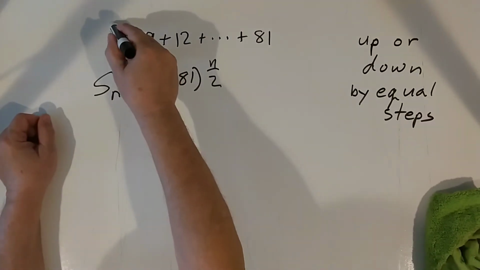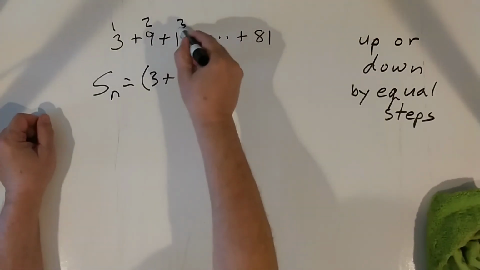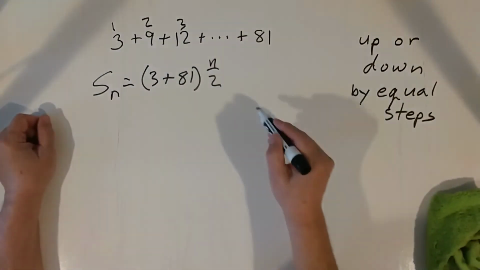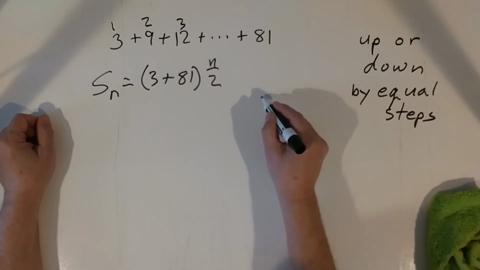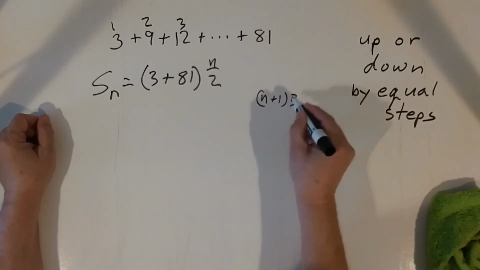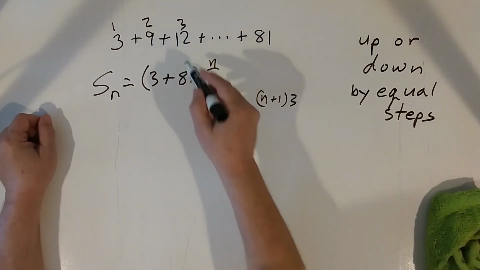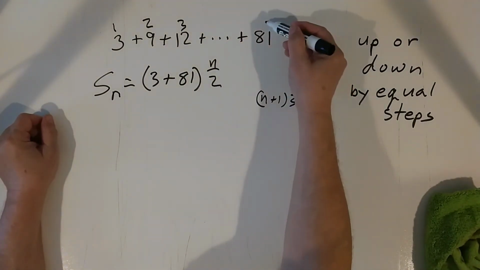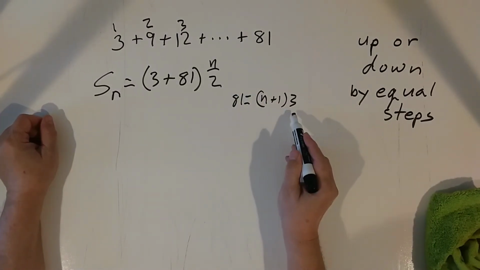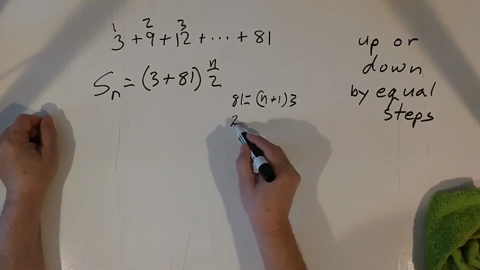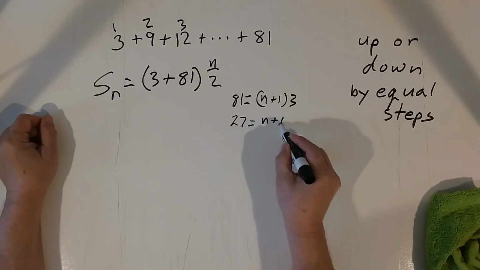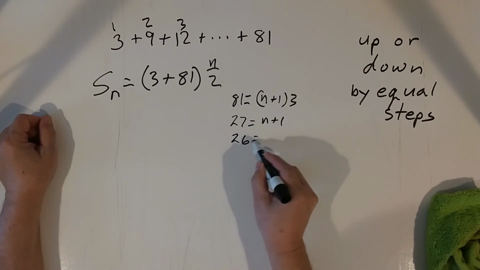This is the first term, second term, third term. That each term looks like it's n plus 1 times 3. So 81 would be n plus 1 times 3, dividing by 3, 27 equals n plus 1, so 26 would equal n.